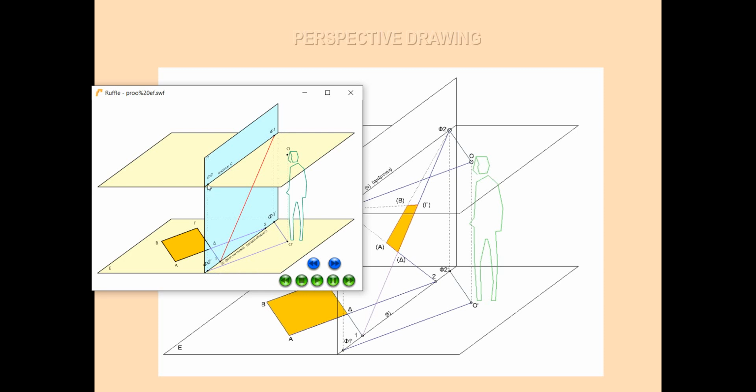So if we join phi2 with 2, we will have the perspective image of this line on the perspective plane. And here we will have the perspective of this point. So now we have already found the two vanishing points. In the same procedure as described previously, we can draw the perspective image of the square.